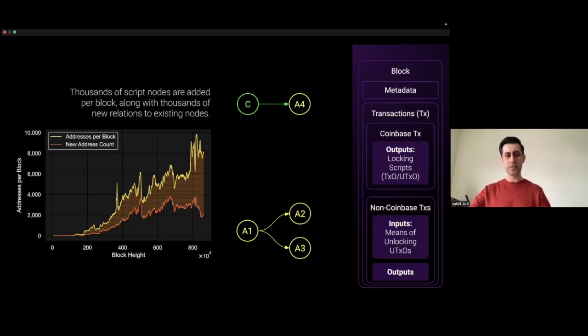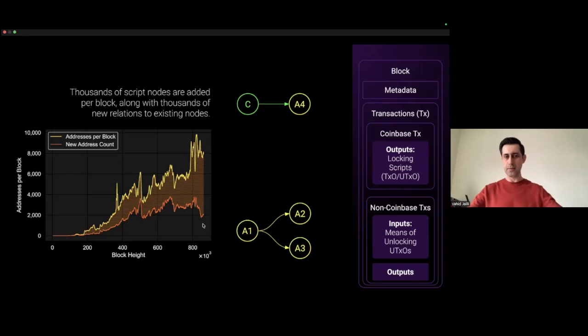They were not referenced anytime before. So this means at every block, we're looking at adding 3,000 new nodes to the graph. Or in other blocks, about 4,000 new nodes added to the graph, because these are nodes that were not created before.